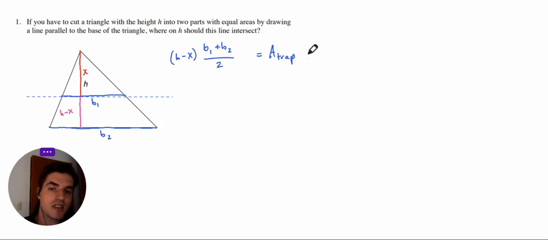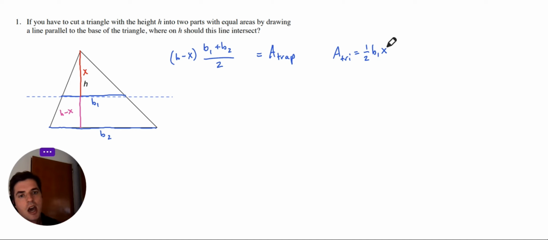And then we know this is equal to the area of the triangle. I'm going to go ahead and write the area of the triangle here. In this specific triangle, the formula would be 1/2 b1 times x. Okay, great.